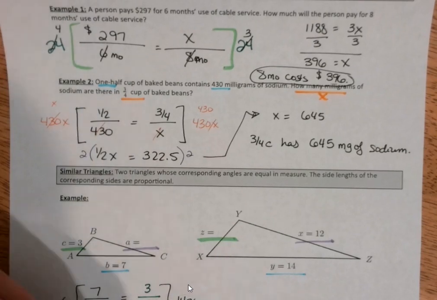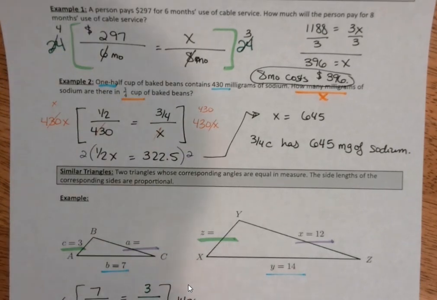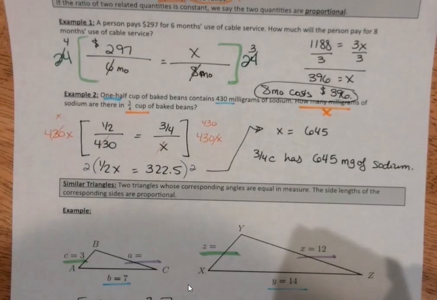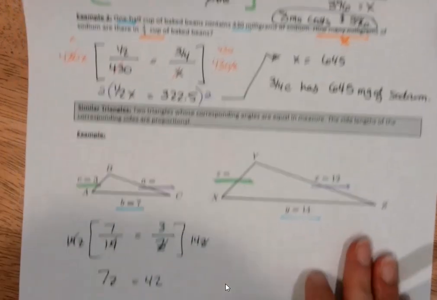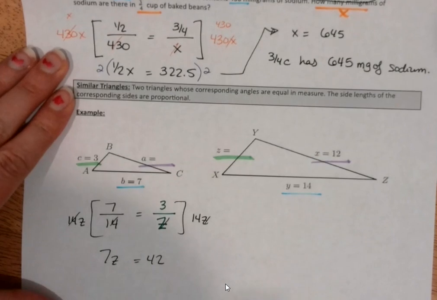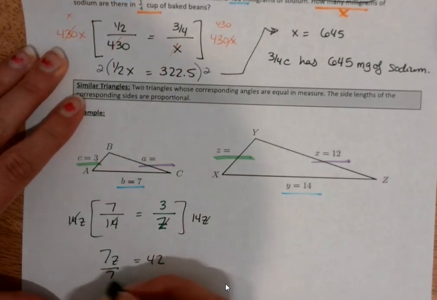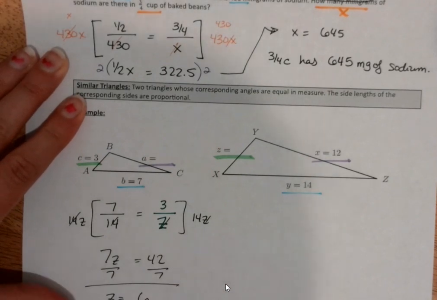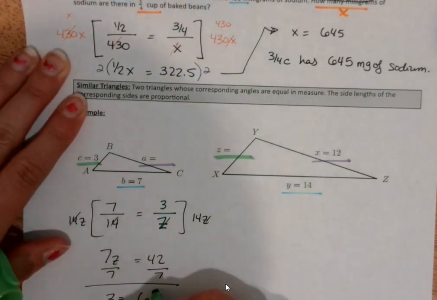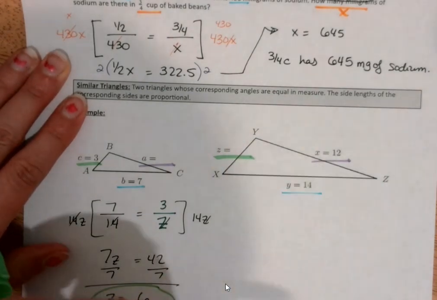Z cancels, that's 3 times 14, which is 42. And then I can divide both sides by 7, for z equals 6. So now I know the value of z. Z is 6.